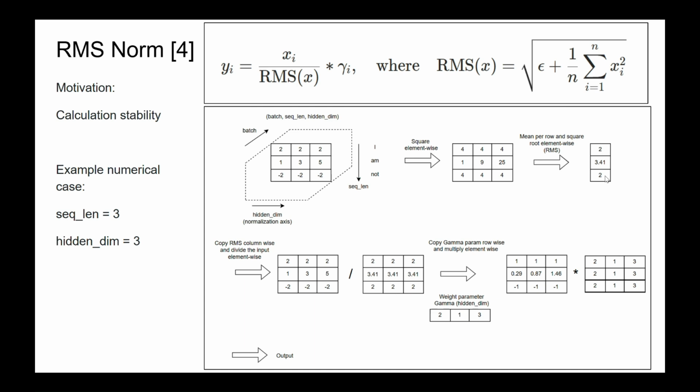From this output, the mean, we're going to copy and paste column-wise so that it matches the original dimension, divide element-wise, and then multiply the output of that operation with this weight parameter gamma here. So the parameter gamma is actually a trainable vector, and we're going to repeat that for every embedding dimension so that they have the same value of parameters.